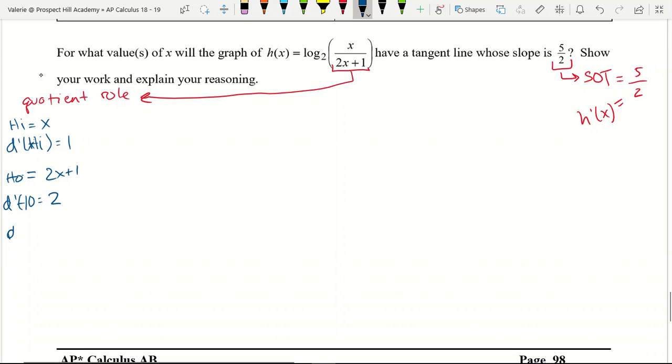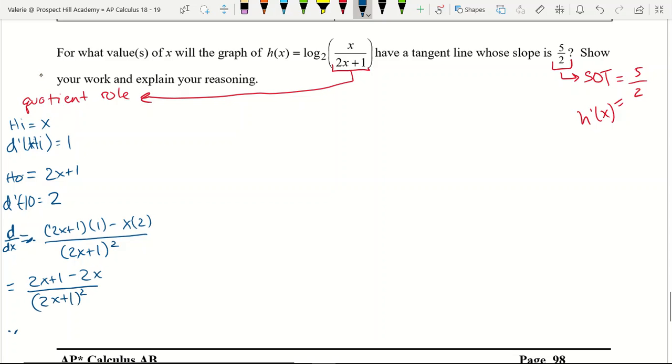So d dx is equal to low d high, so 2x plus 1 times 1, minus high d low, so x times 2, all over low squared, so 2x plus 1 squared, which is equal to 2x plus 1 minus 2x all over 2x plus 1 squared, which is just 1 over 2x plus 1 squared.